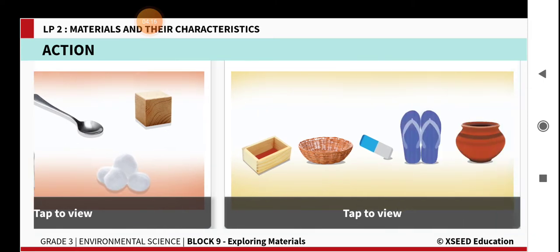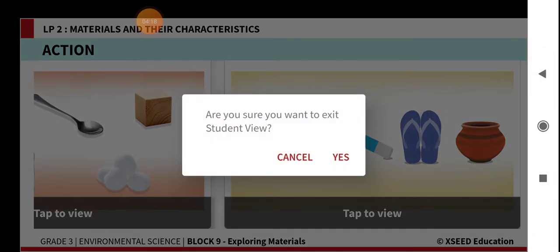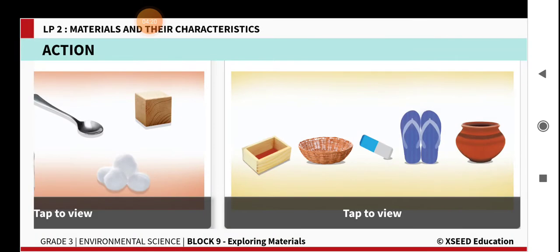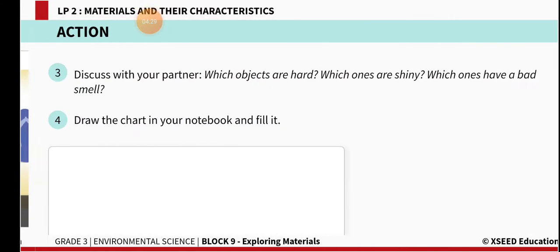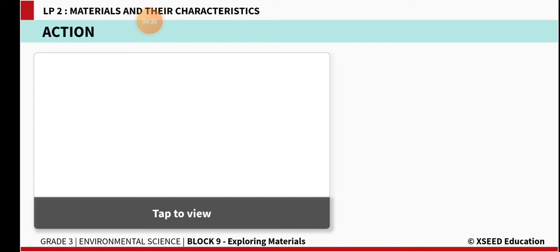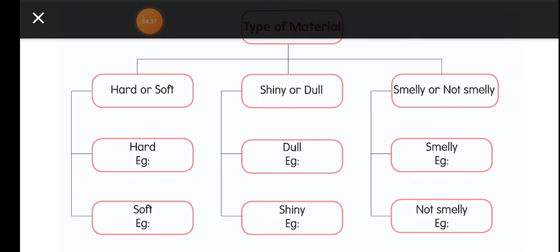You need to write their characters, how they are. Are they bending easily? Are they hard or soft, or how are you categorizing them? Fill this table based on their characteristics, and this table is also forwarded in your group.